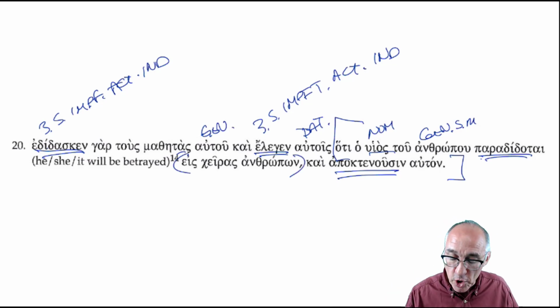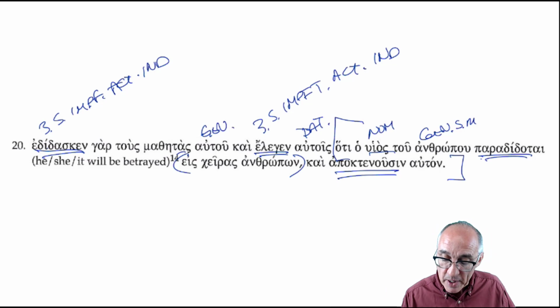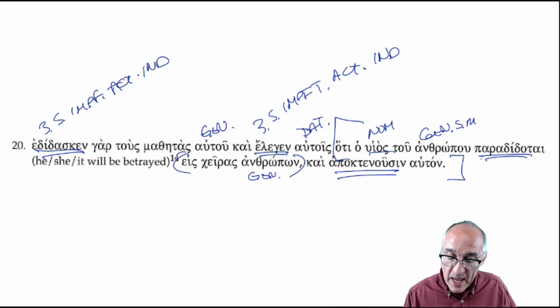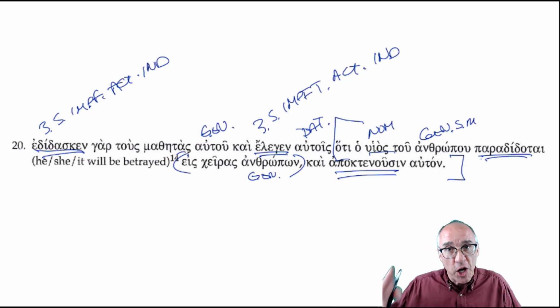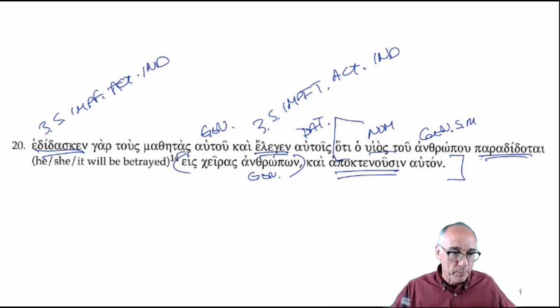And by now I've learned, put this parentheses after that, because even though anthropon is the genitive and eis is a preposition, this is one of many times we've seen where that genitive does not get inserted in that prepositional phrase, but stays outside of it, though still part of the group.